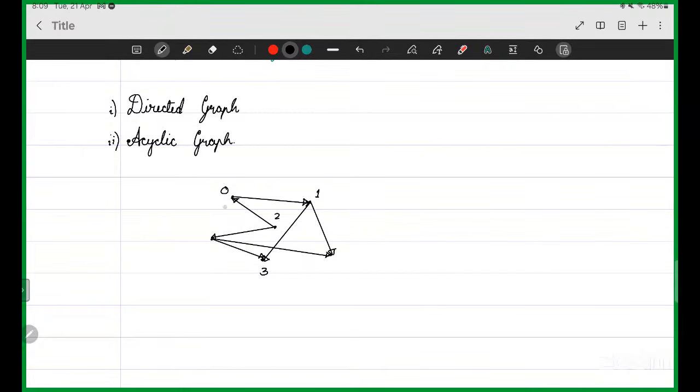The arrows pictured better. So let me just make it a little more clear.